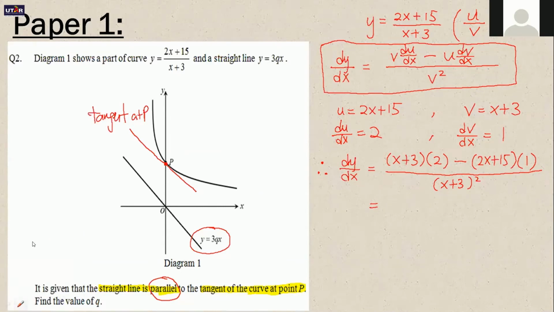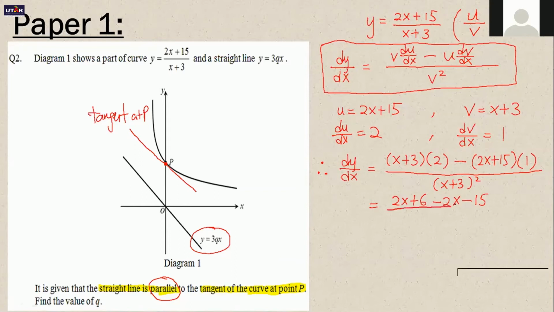Okay, so expand the top. We have 2x plus 6 minus, be careful with the negative sign, so minus times 1 only: 2x plus 15 times 1, we get back 2x plus 15. So we have minus 2x, not plus, because negative times positive becomes negative. So be careful with the negative sign, okay?